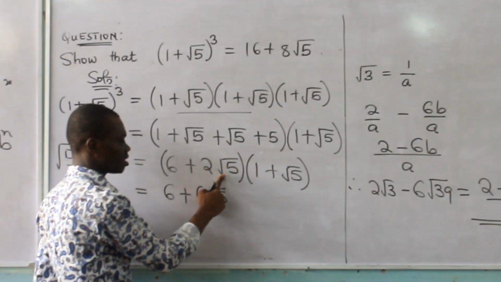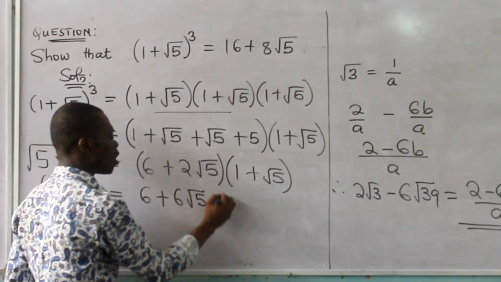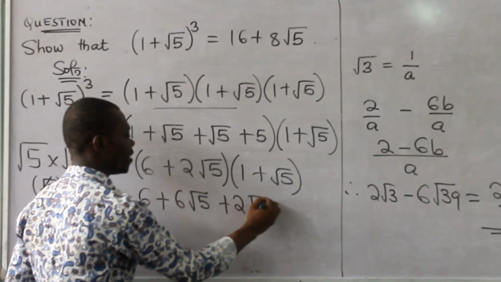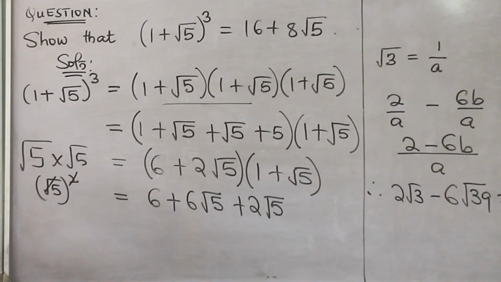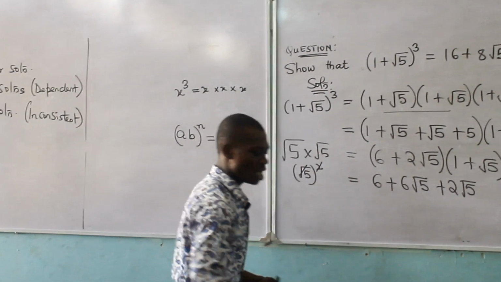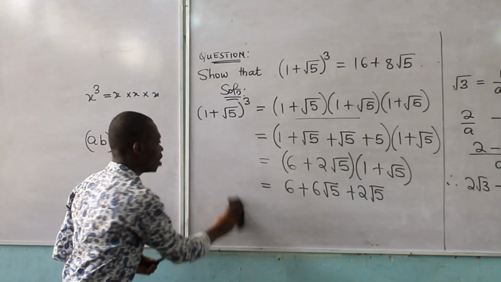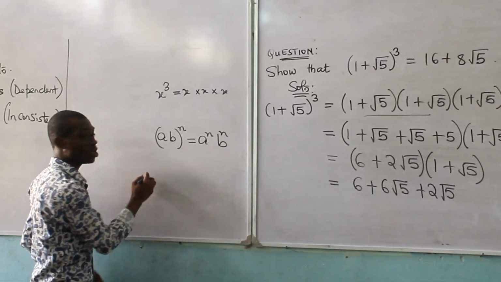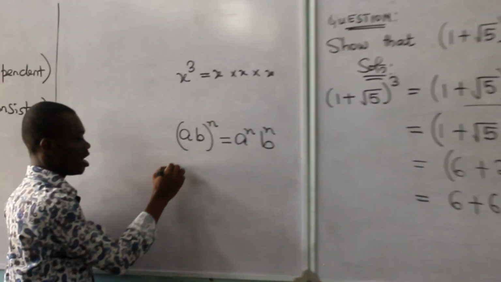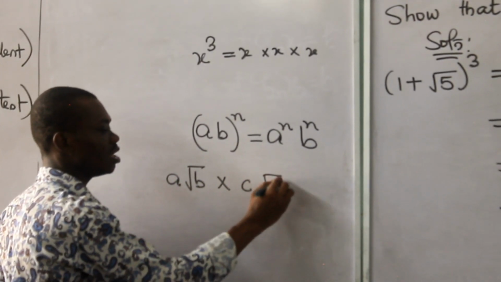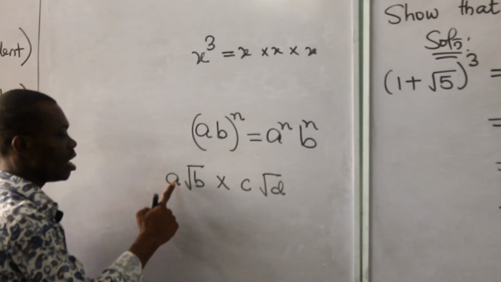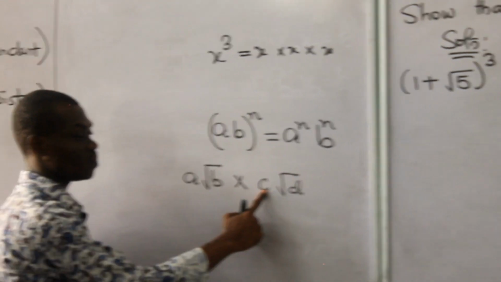We come over to this term. 2 root 5 times 1 will still be 2 root 5. And 2 root 5 times root 5. Remember that under multiplication of surds, if I have a root b times c root d, we are told that the rational number will multiply the rational number.